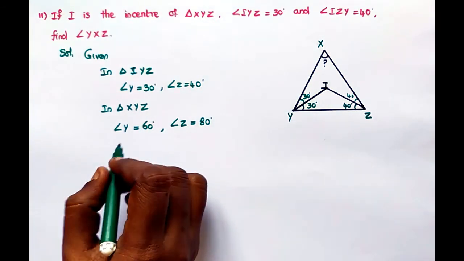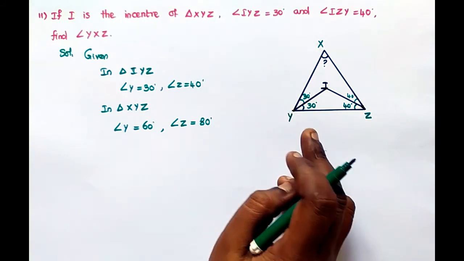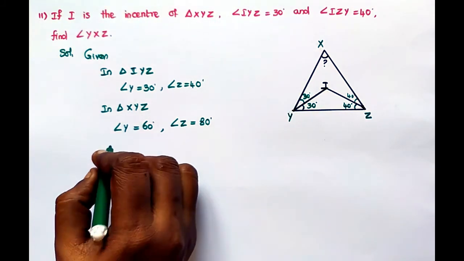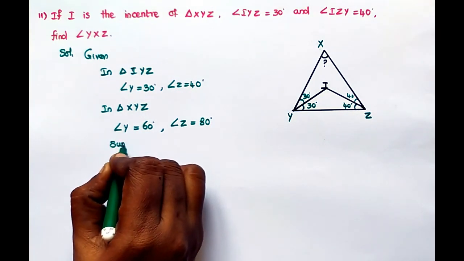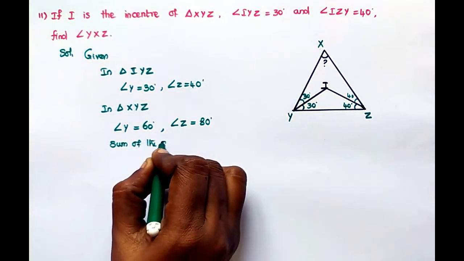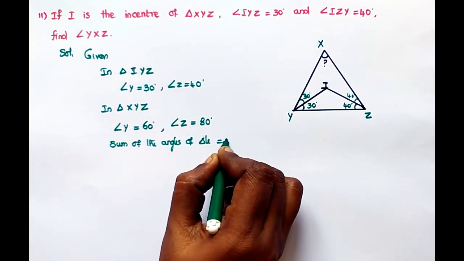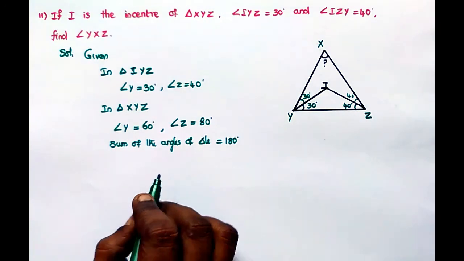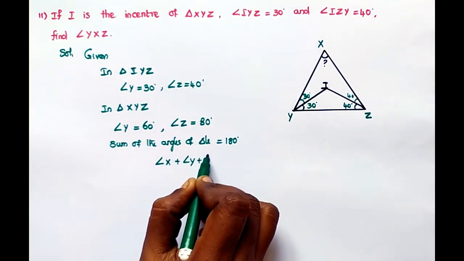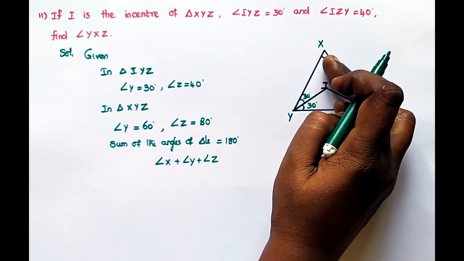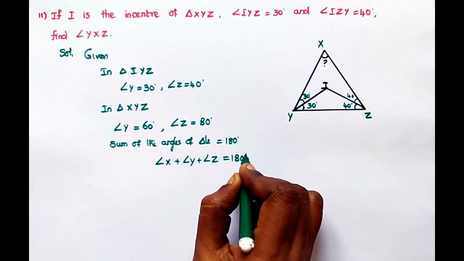Now we know that in a triangle the sum of the angles equal to 180 degree. So angle X plus angle Y plus angle Z equal to 180 degree.